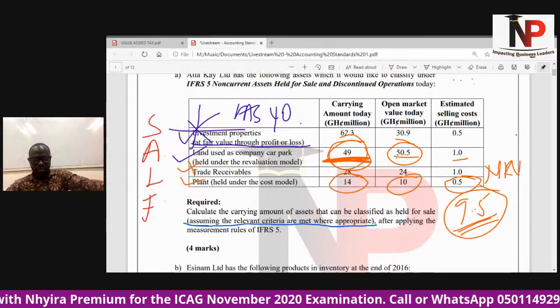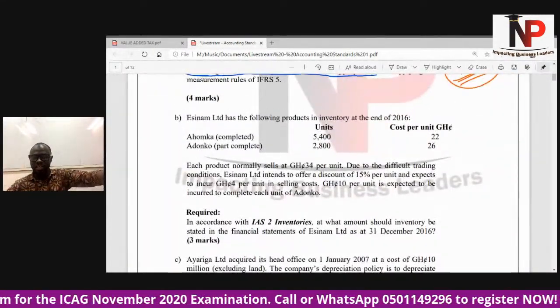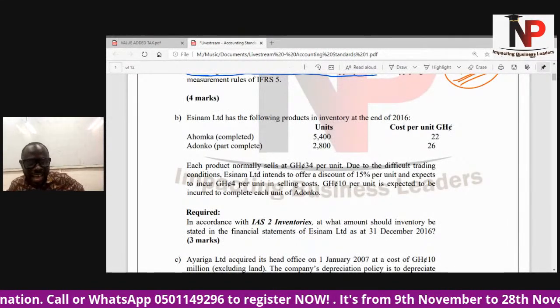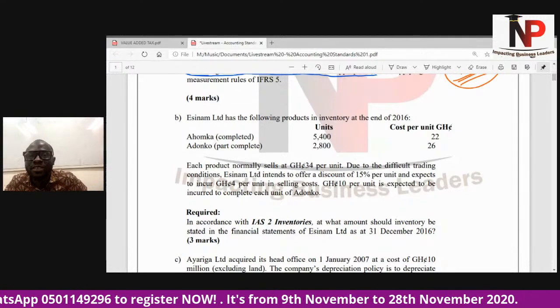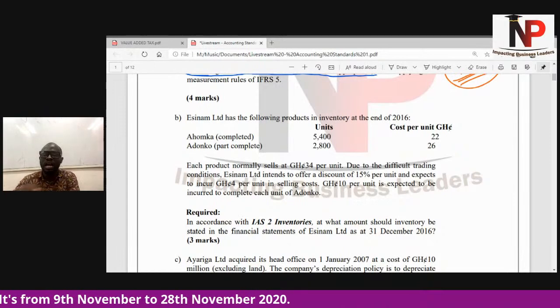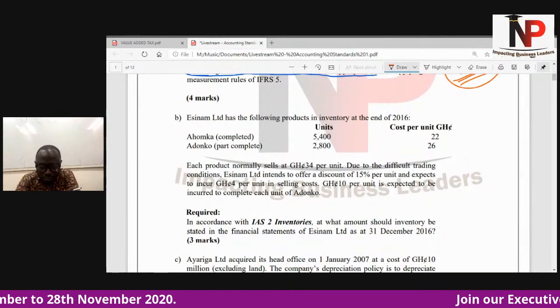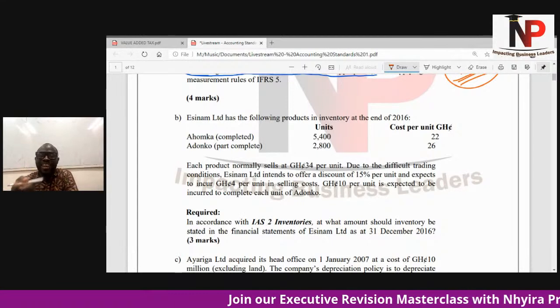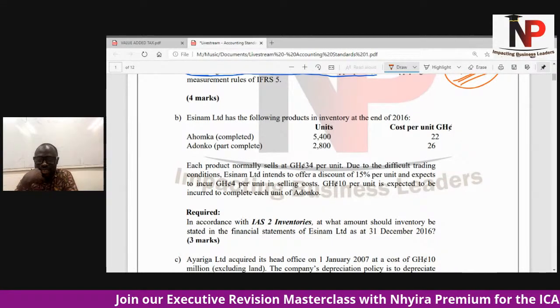So let's go to the B aspect of the question, and that is on our good old standard, IAS 2, inventories. Now, when it comes to accounting for inventories, I've already mentioned this indirectly in the A aspect of the question.